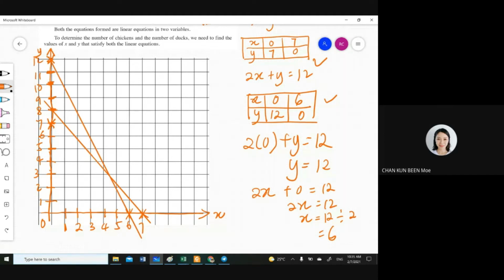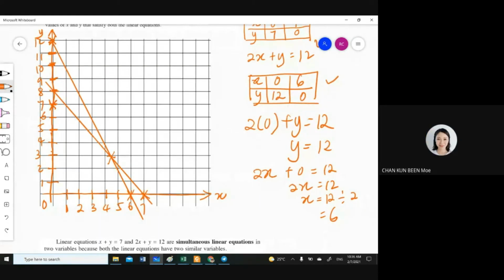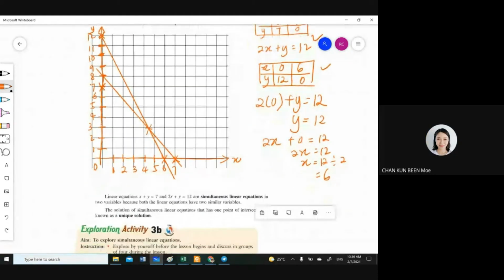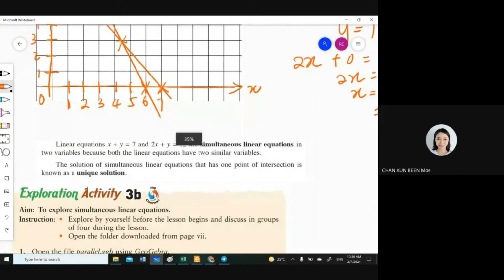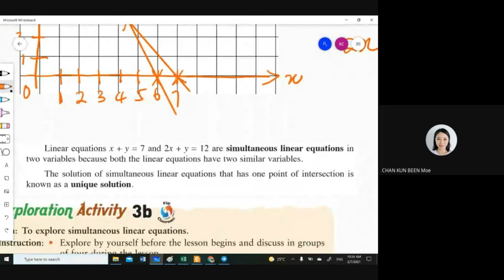So we can see they intersect at one point, right? Can you see? Okay, then I continue. That one point is actually called a unique solution. Let's look at the description given down here. Linear equations x plus y equal to 7 and 2x plus y equal to 12 are simultaneous linear equations in two variables, because both linear equations have two similar variables.